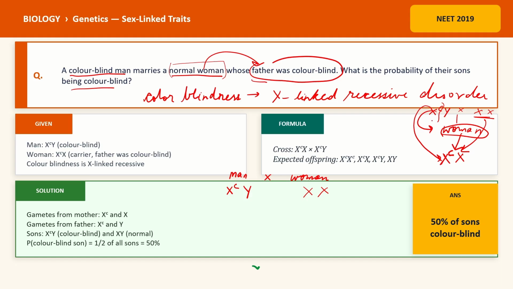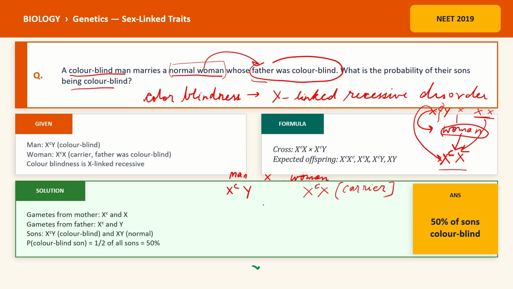Generally we know the genotype of a woman is XX, so one X she is receiving from the mother, and the other X chromosome will be received from the father. So that is how we know that though she is normal, she is a carrier of this disease.